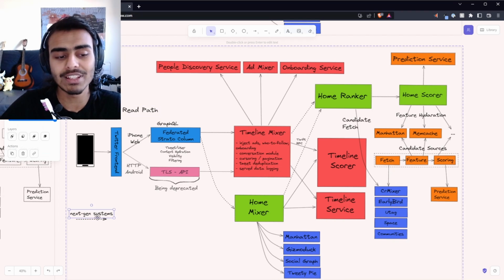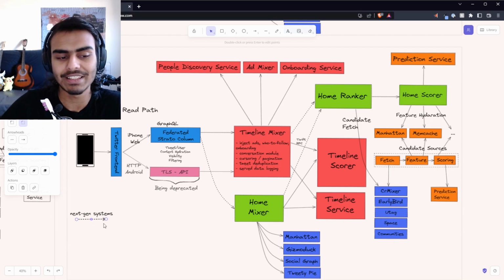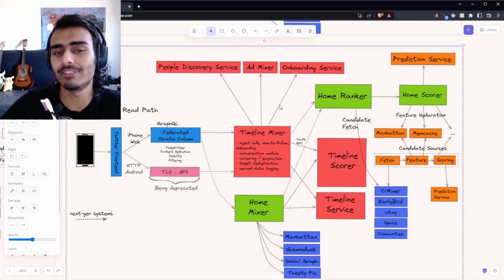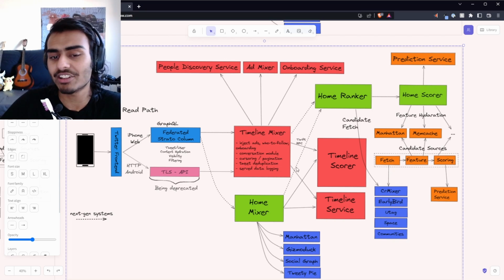However, we also have this piece of reference here that says that dashed arrows are next-gen systems. So based on that, we can probably infer that the solid arrows are how the connections exist right now, and the dashed arrows are the connections that they would want to exist in their next-gen system.